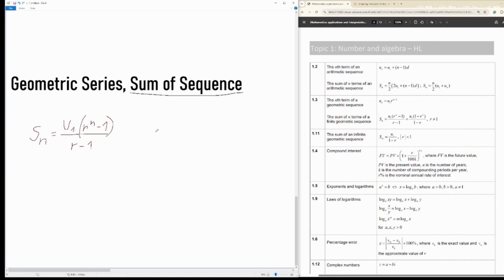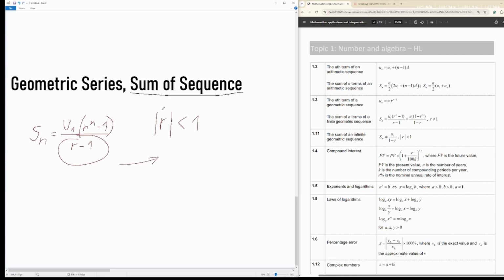However, there's a catch to this. If the absolute value of r is smaller than 1, then we cannot use this, because this part would go into negative.